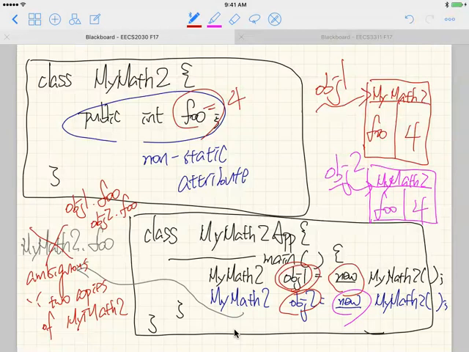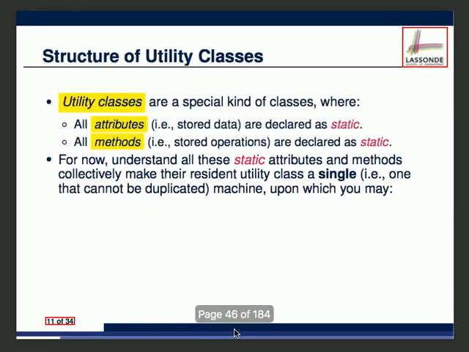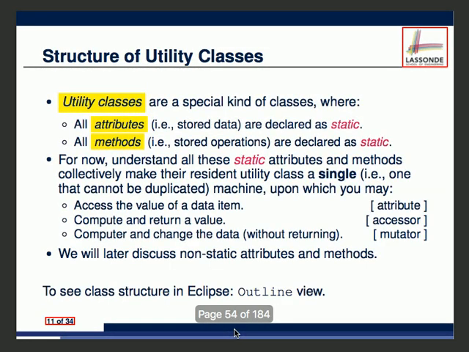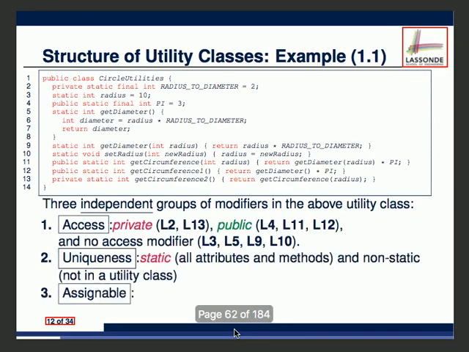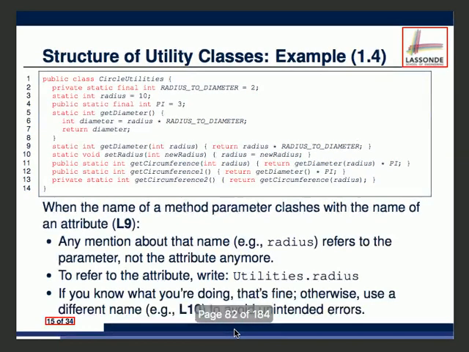Okay, so let's now go back to utility classes. This is what I would like to do. We've got about 20 minutes, maybe more, maybe about 30 minutes. Let's focus on the more important stuff.